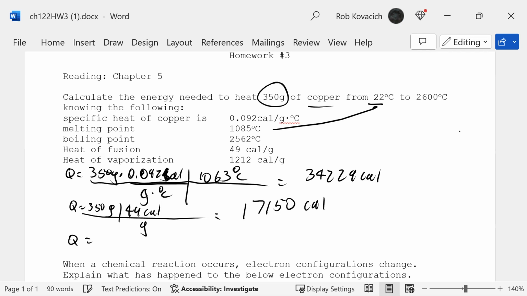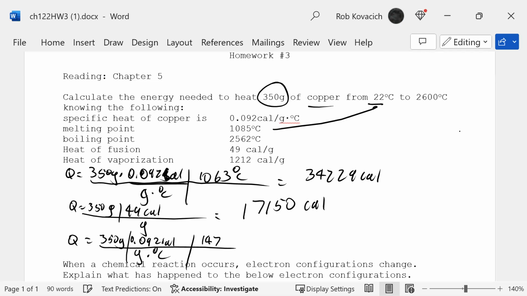All right, and then we're going to take that melted copper up to its boiling point. So that's going to be another 350 grams, 0.092 calories per gram degrees C. And what is this? 2562 minus 1085.